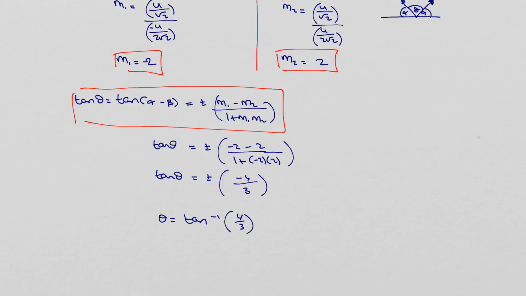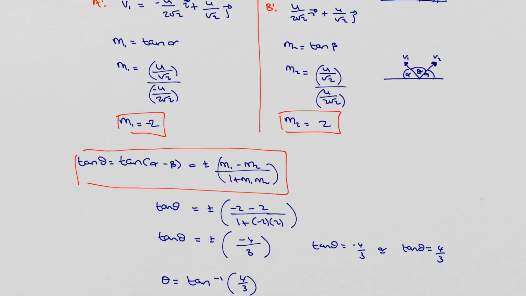So obviously we can have plus of minus 4 over 3, which would be minus 4 over 3, or minus of minus 4 over 3, which is 4 over 3. And if I get tan inverse, so tan beta equals 2 there, if I get tan inverse of 2, we end up with 63.43 degrees. So if I was to double that, that's 126 degrees.